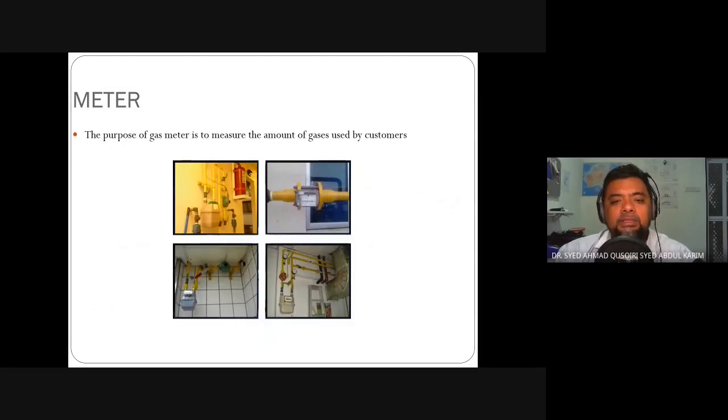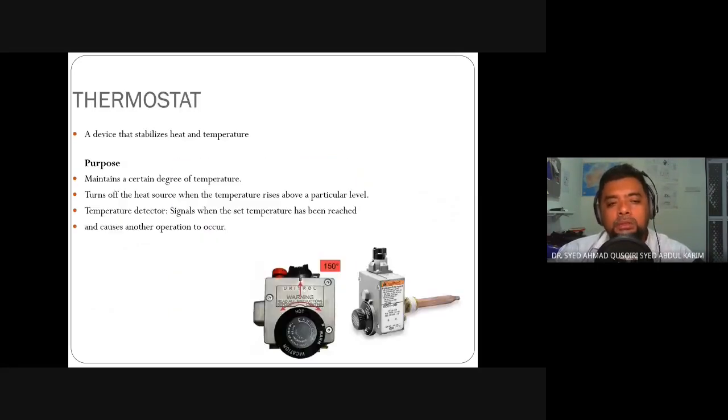Next is the meter. The meter, of course, measures the amount of gas being used by customers. At the end of the month, the customers will get a bill for their gas usage. Okay, thermostat. Thermostats are needed to stabilize the heat and temperature inside the pipeline.